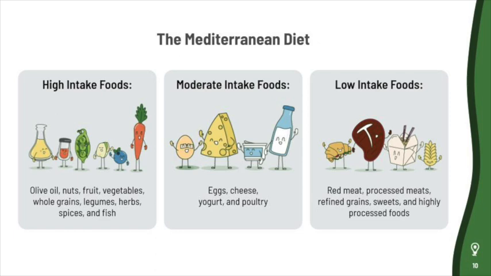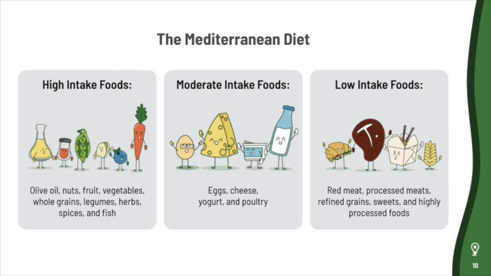Similarly, omega-3 fatty acids found in fatty fish, walnuts, and flaxseed can help reduce inflammation in the body by influencing gene expression. These fatty acids can also help reduce the risk of heart disease by improving blood lipid levels and reducing blood pressure.